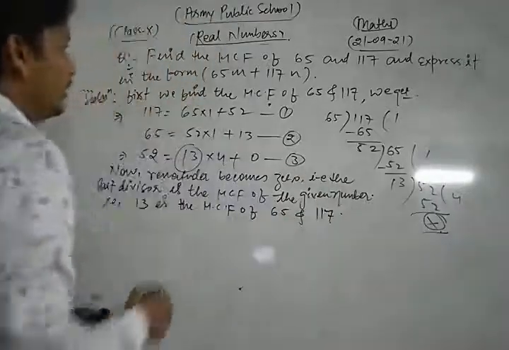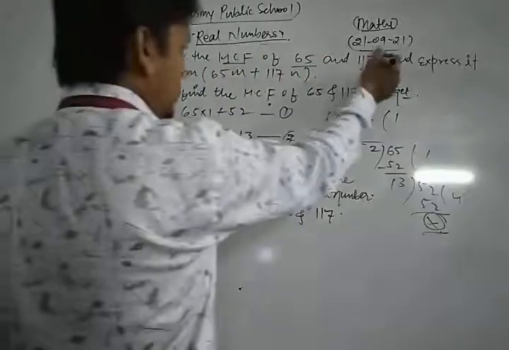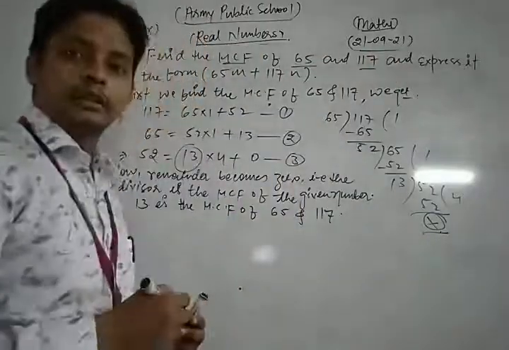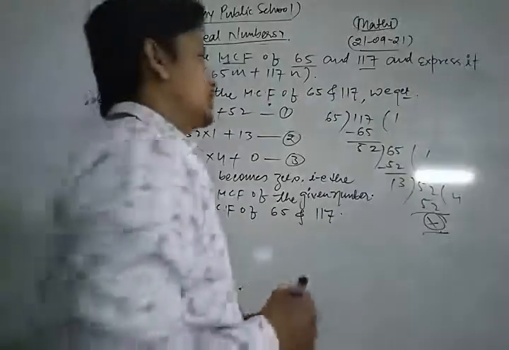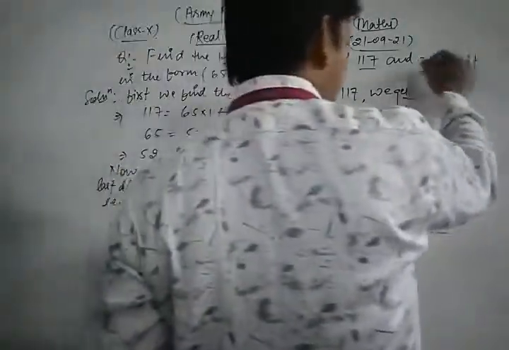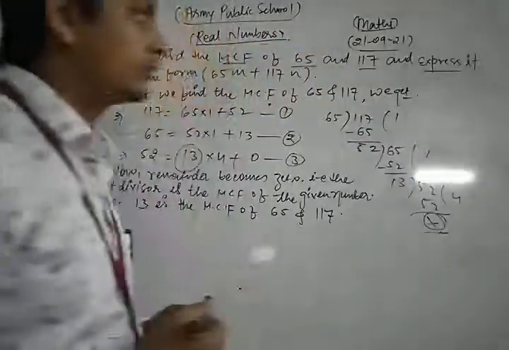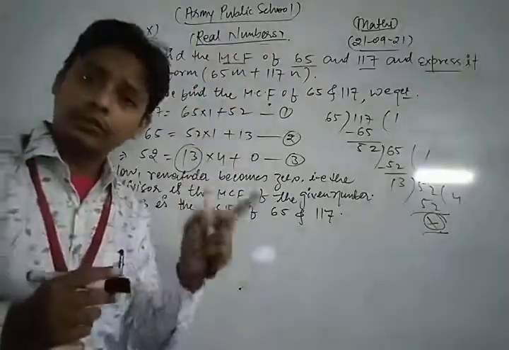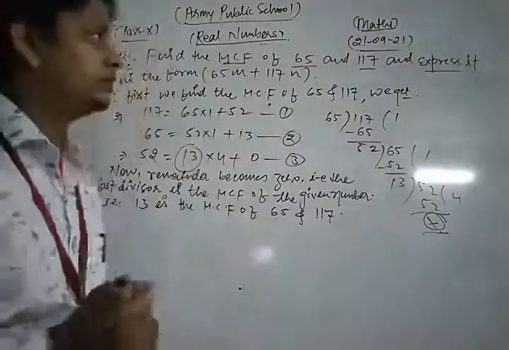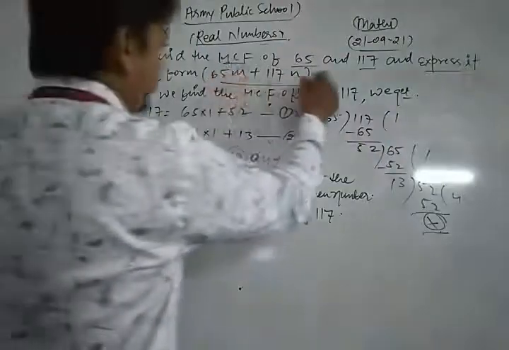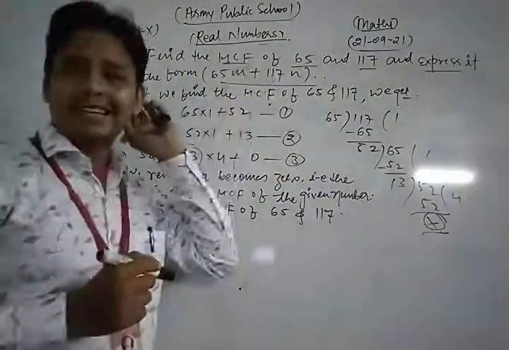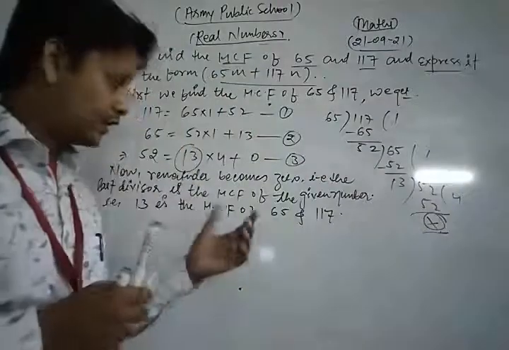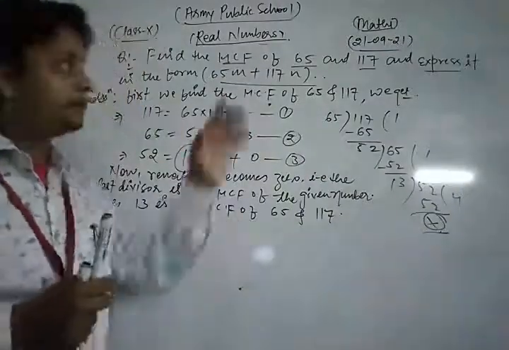Now look, we found the HCF of 65 and 117, and the question also says to express it, which means we express the HCF of the given numbers, which is 13, in the form of this.